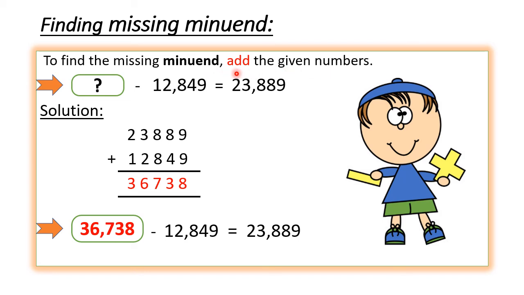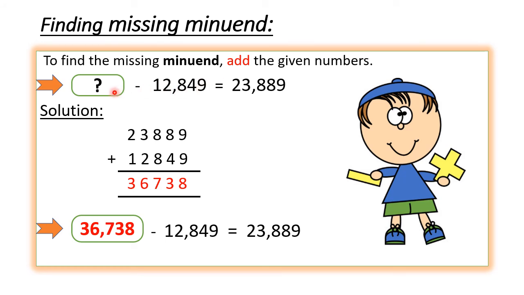So this is the difference between this example and all the previous examples: in the previous examples we subtracted the given numbers, but when we have to find the missing minuend, we will not subtract the given numbers, we always add the given numbers, and you must remember this thing.